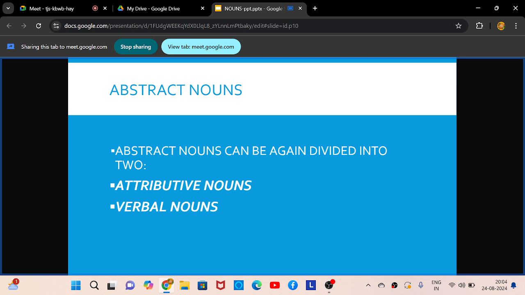So first of all, let me tell you, abstract nouns are not original words. Abstract nouns are not original words. They are actually formed from some other places or some other words. For example, honesty ennulla word edukkanengil, it is an abstract noun, but it is actually derived from the word honest. Honest ennulla word nnanu honesty ennulla word kittunnathu.